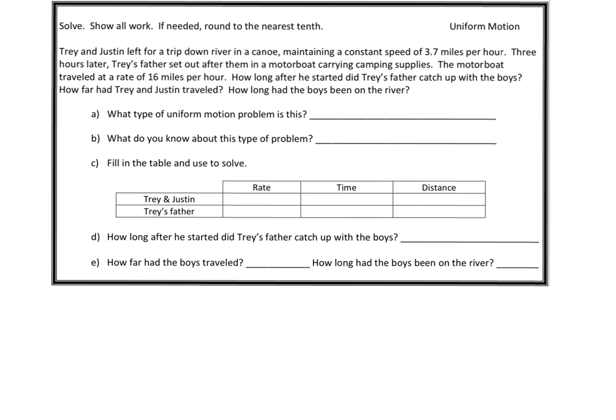The motorboat traveled at 16 miles an hour. How long after he started did Trey's father catch up with the boys? How far had they traveled? How long had they been on the river?